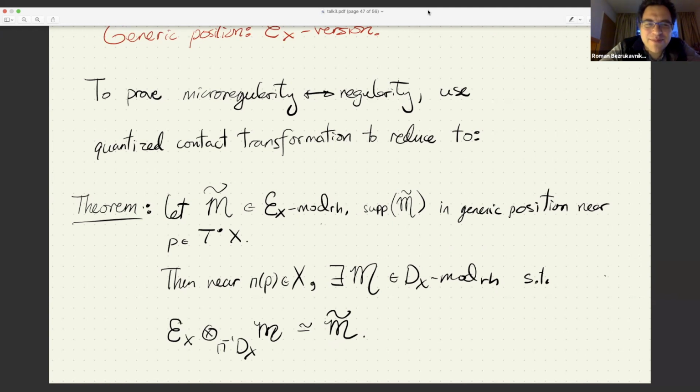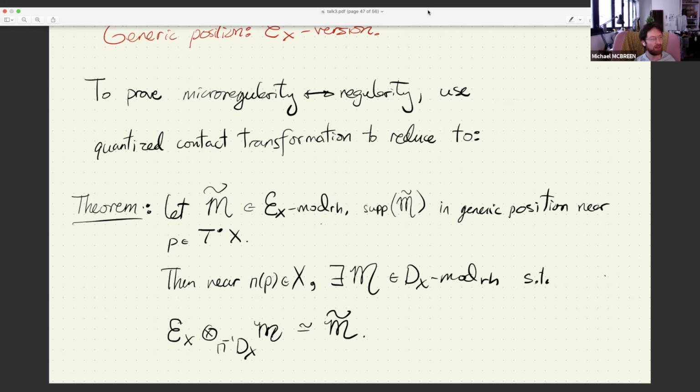That's pretty much the only example of a contact transformation. Somehow, I don't have a good answer. I don't have a great understanding of the full proof of this equivalence.